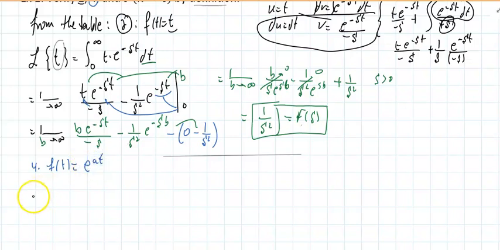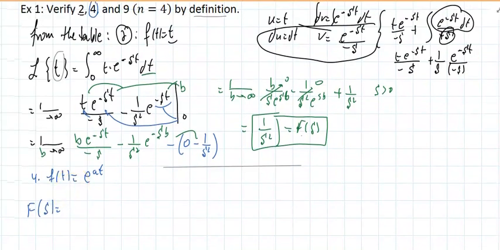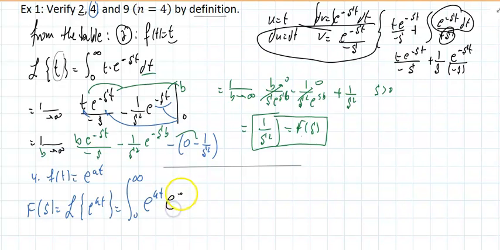So, if I want to apply the Laplace on e to the at, it is going to be the integral from 0 to infinity of e to the at, and the rest is the same, e to the negative st dt. So these parts don't change. These parts are the same for every problem. The only thing that will change is this part.